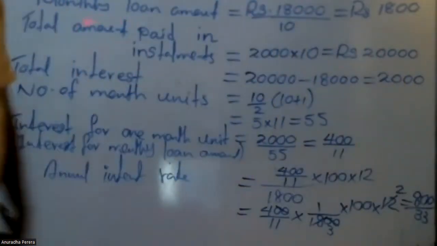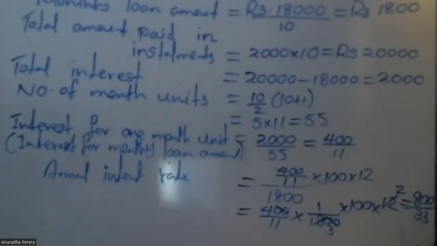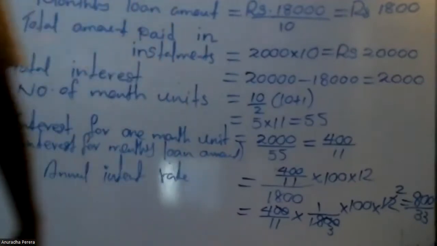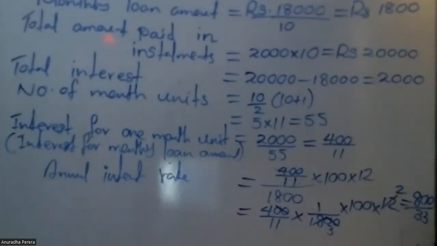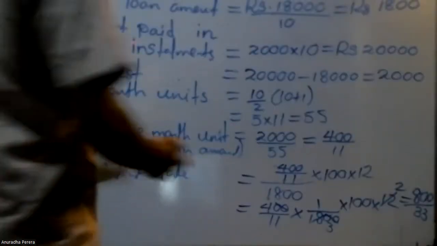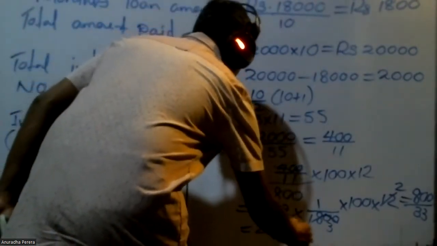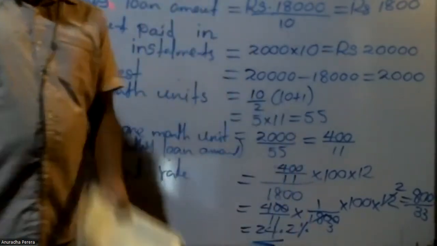Divide 800 by 33 to find the answer. Is this 24.2? Yes. Right. The answer is 24.2%. 24.2, that's the answer.